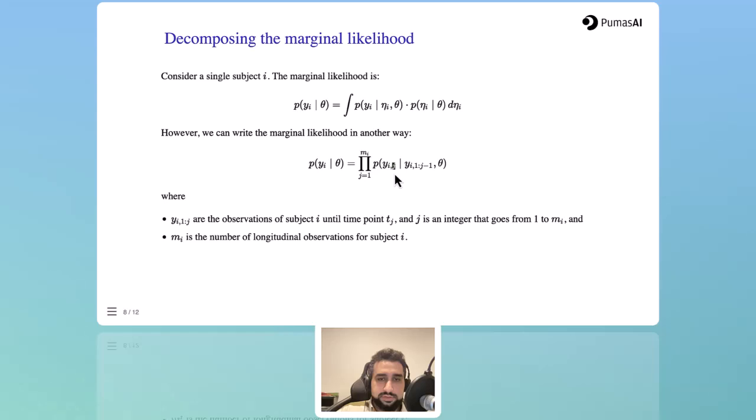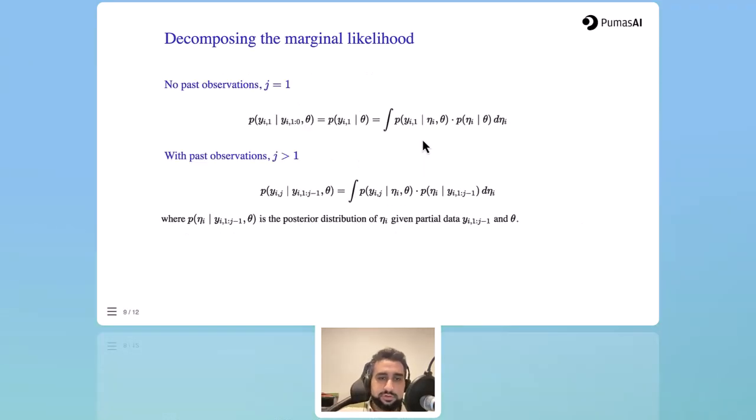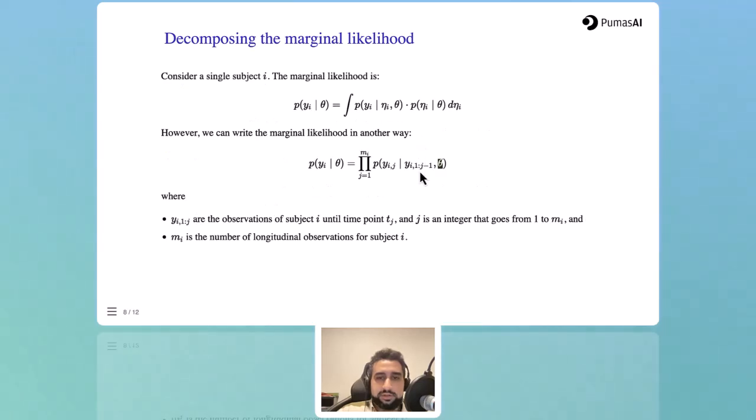So it's the probability of the first observation, j equals 1, meaning this is y_i1. That's the probability of the first observation at time 0, let's say, given the population parameters. Intuitively, that's the average probability across all of the random effects, which we'll have to average across later. But for now, let's ignore eta and just think of theta.